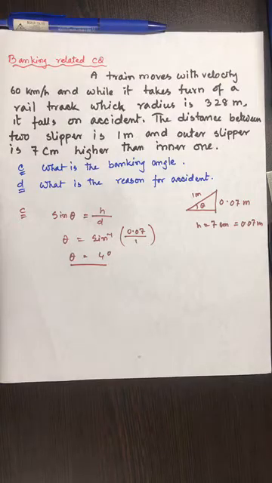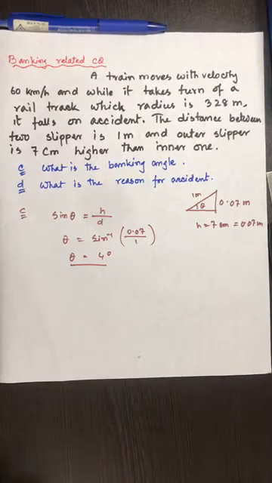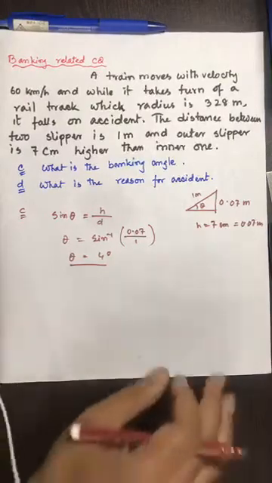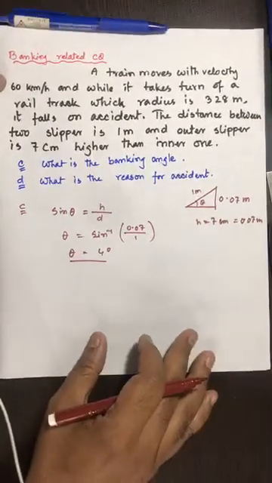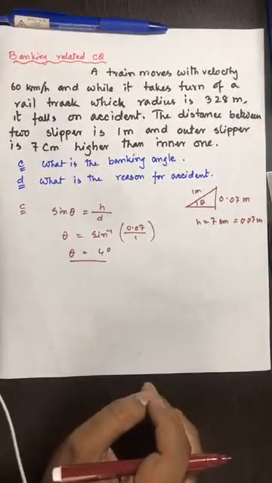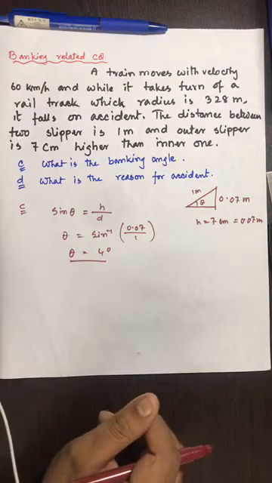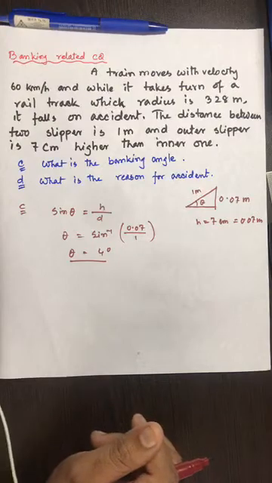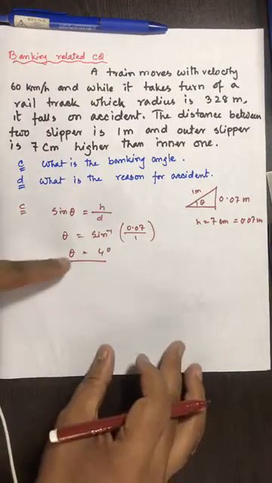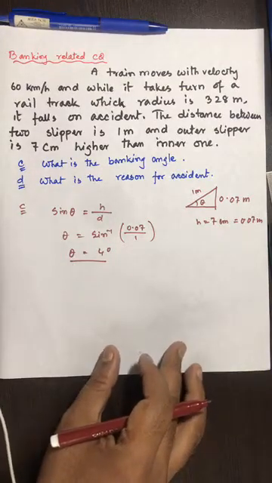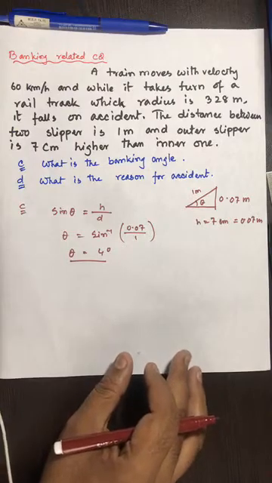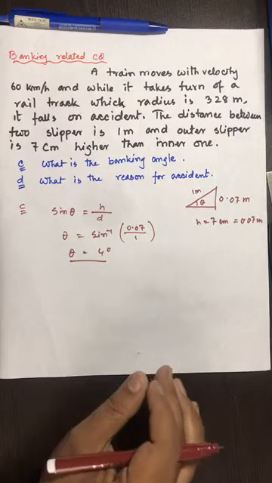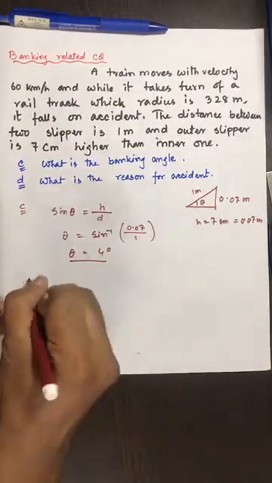Part D, what is the reason for the accident? We need to find out the reason. The train is coming at 60 km per hour, so it might be an accident. But we need to check what the exact velocity would be for the 4 degree angle.